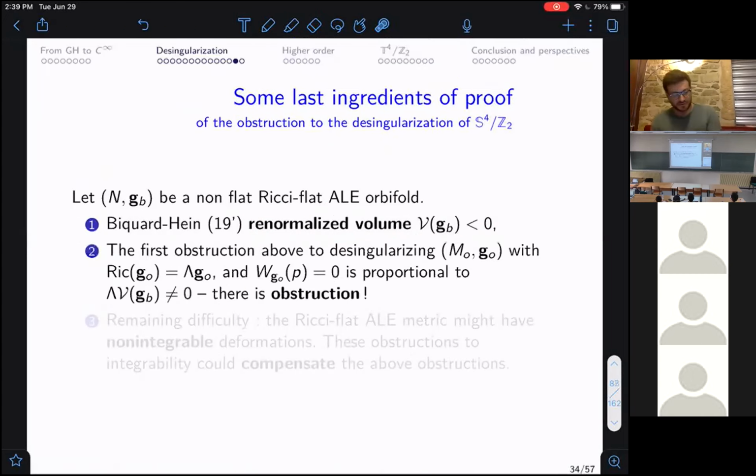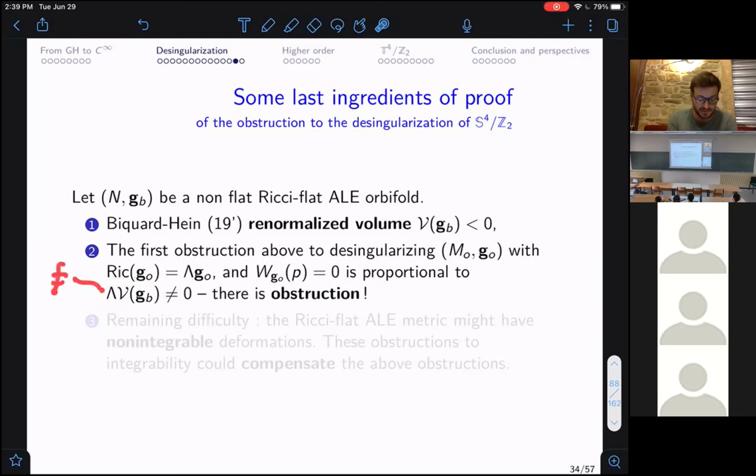Thanks to the previous formula, you can rewrite the obstruction as follows. Let's take an orbifold which has lambda as a Ricci curvature and which has zero Weyl curvature, just like the sphere, just like your hyperbolic metric. Then the first obstruction against one of the deformations of the Ricci flat ALE cone is lambda times this volume.